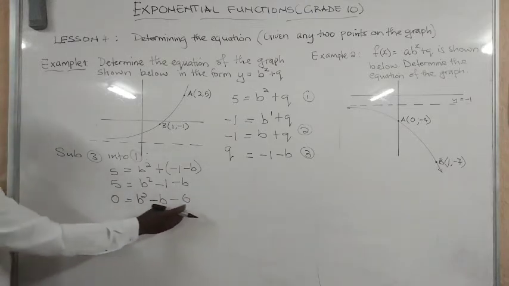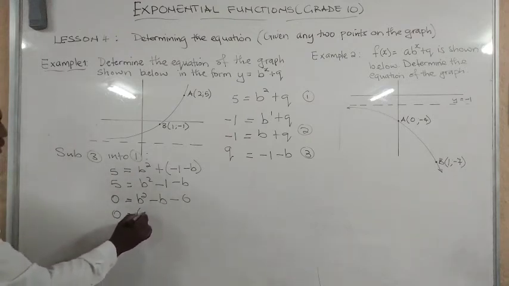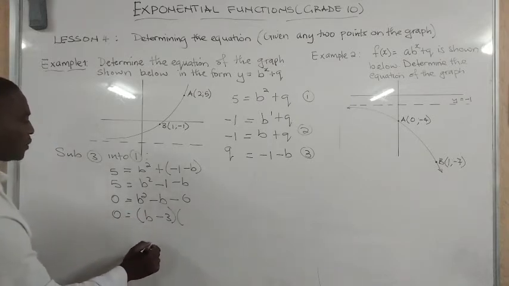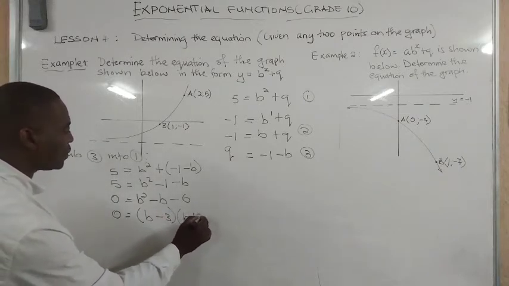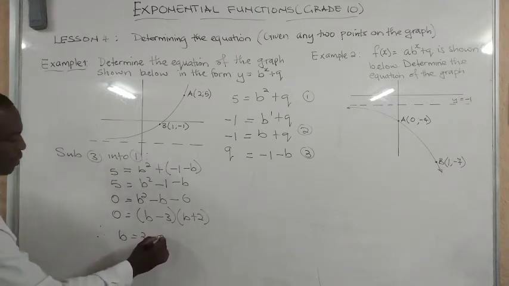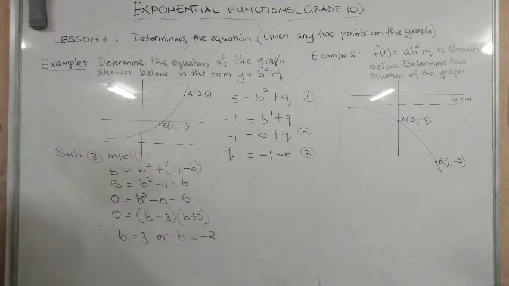Now, we can solve this by factorization, that is b minus 3 into b plus 2. So we are saying, therefore, b is equal to 3 or b is equal to negative 2.